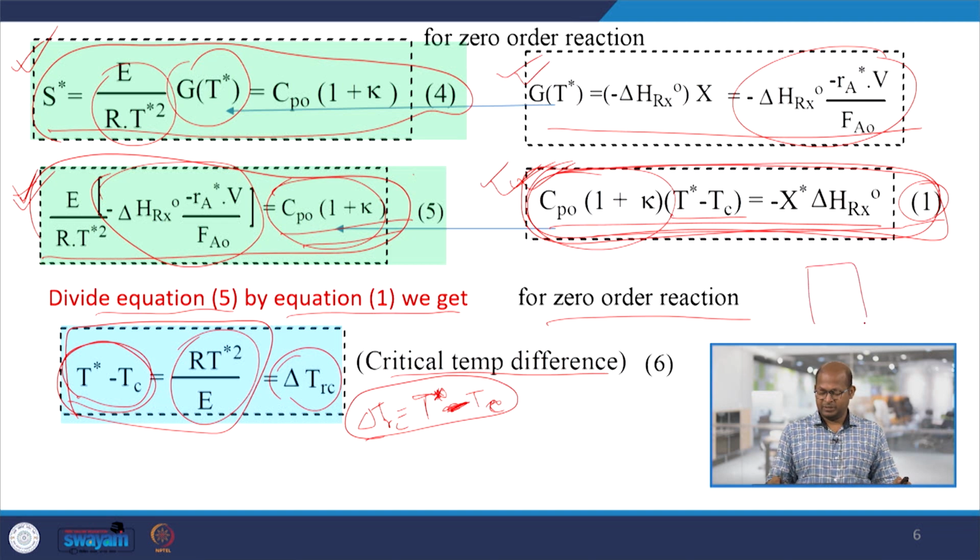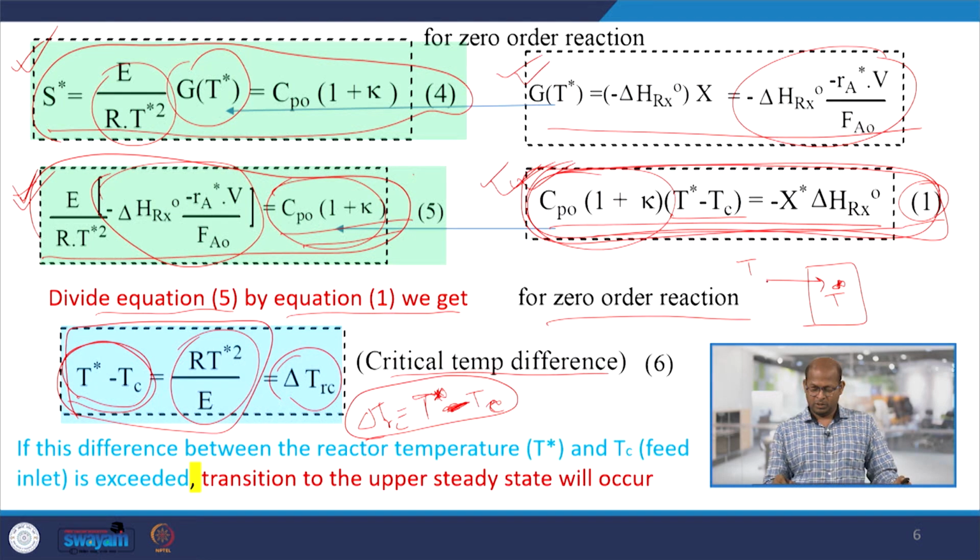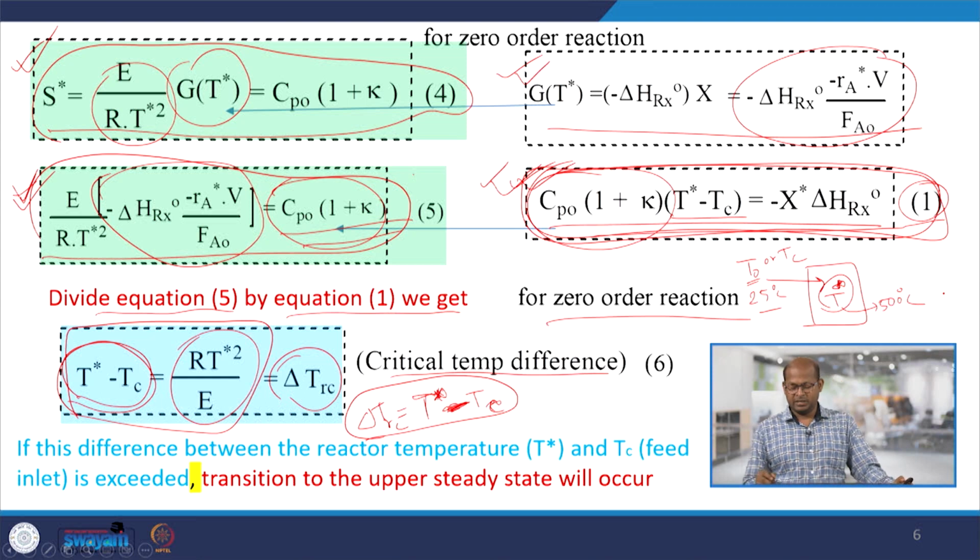Let us say we have a reactor operating at these temperatures, and T0, here we can see it is T0 or Tc. T0 is the feed temperature, and this is the reactor temperature. If we enter the feed at 25 degree centigrade, and the reaction operates at, let us say, 500 degree centigrade, there is a big difference between 25 and 500 degree centigrade.